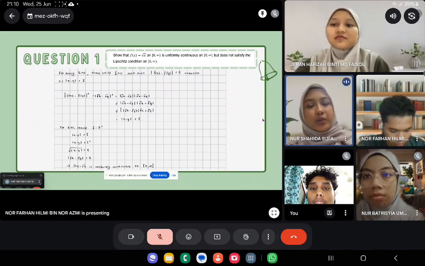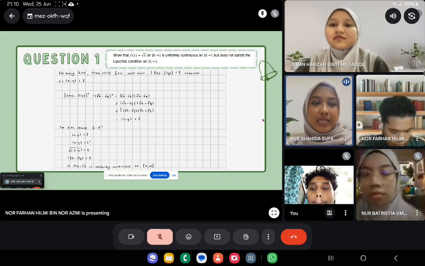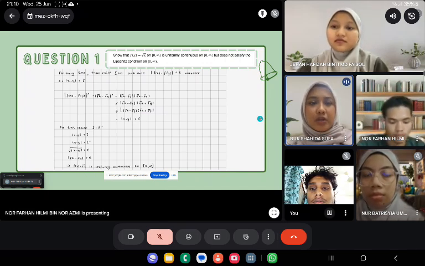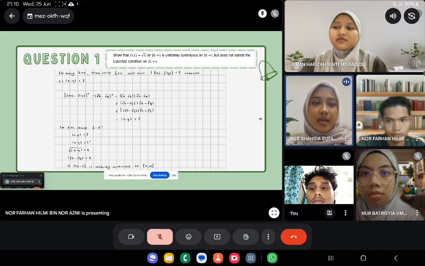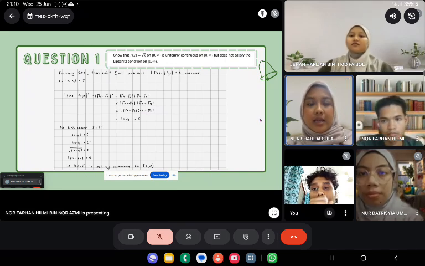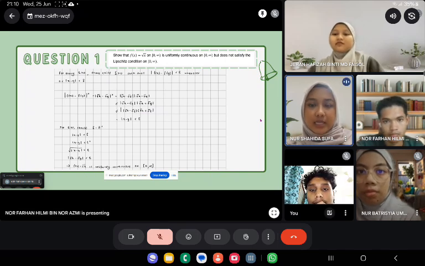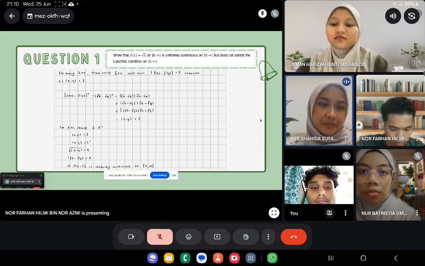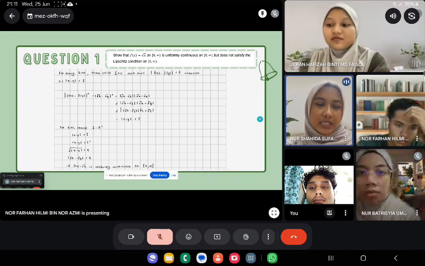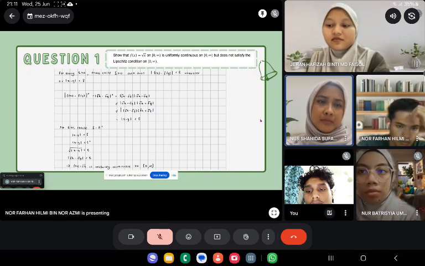We start with the definition of continuity: for every epsilon greater than 0, there exists lambda greater than 0 such that |f(x) - f(y)| is less than epsilon whenever 0 < |x - y| < lambda.